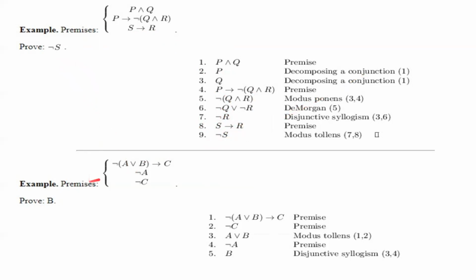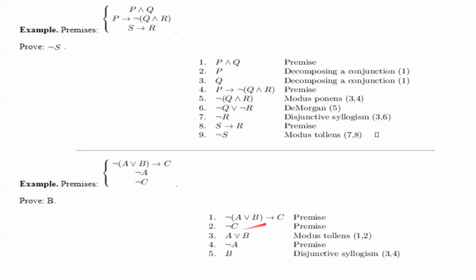So this is proven. Similarly, this is the premise and we have to prove that B is true. This thing is given as it is, and this is a premise.